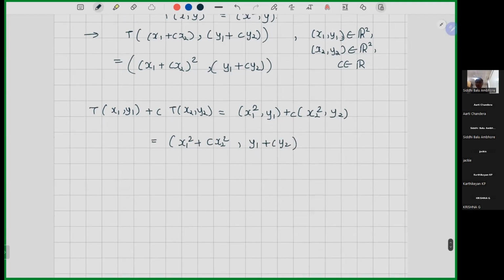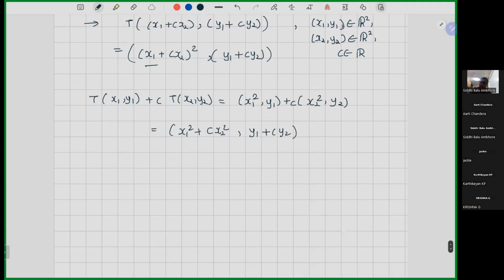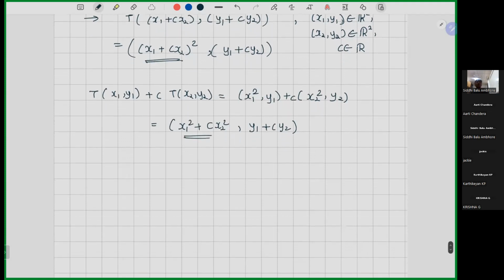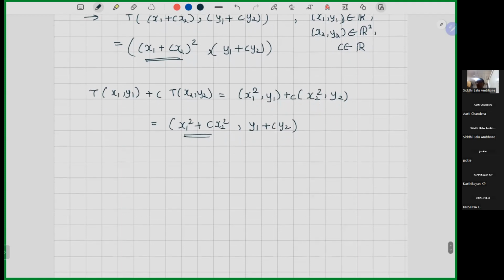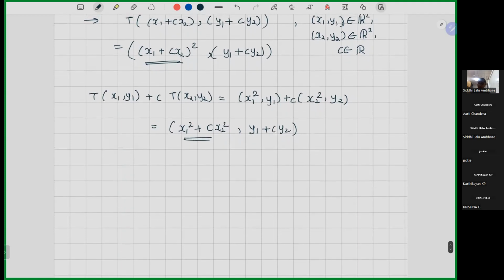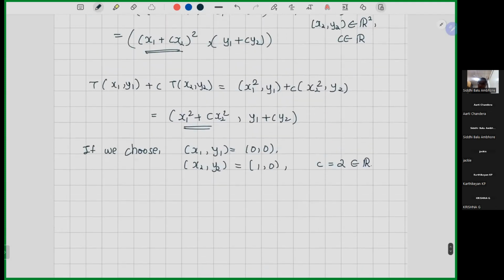Okay, but clearly we can see that there are examples for x1, x2 and c where this does not hold. So for example, in particular, if we choose (x1, y1) to be (0, 0) and (x2, y2) to be (1, 0) and c to be 2 in R, then what will this be?